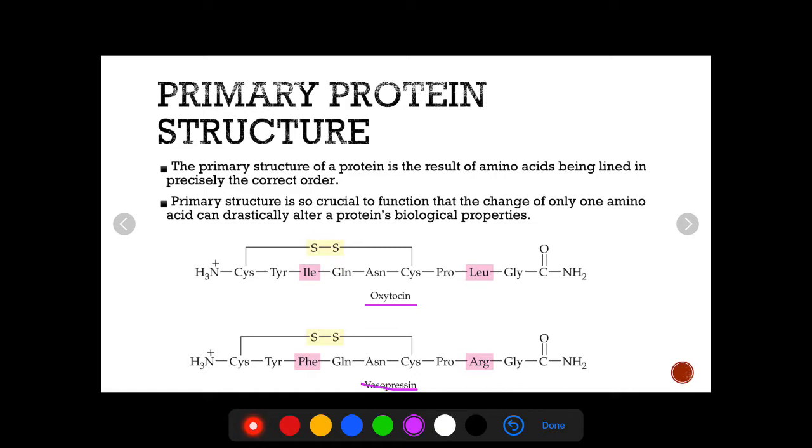You can see the only place that it's different are these two amino acids, and these two have completely different functions. Oxytocin is what causes contractions during labor, while vasopressin participates in blood pressure control. So just changing those two amino acids on this peptide chain completely alters the function of that protein. The arrangement of the amino acids is very important.